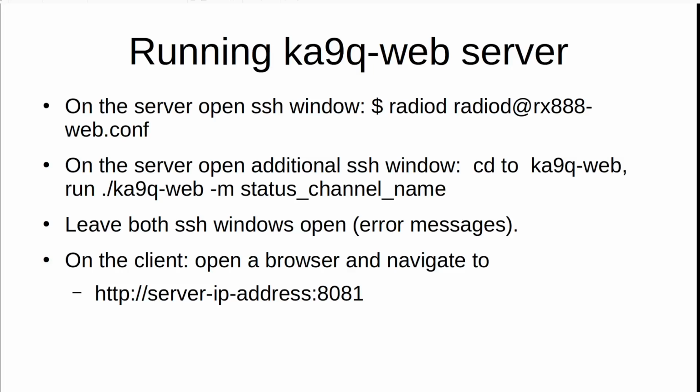On the server, we'll open an additional SSH window, change to the KA9Q web directory, and then we'll run KA9Q web -m, and we have to give it the status channel name of KA9Q-web, and leave both the SSH windows open so that we can note any error messages. And on the client, we'll open a browser and navigate to the server IP address :8081.